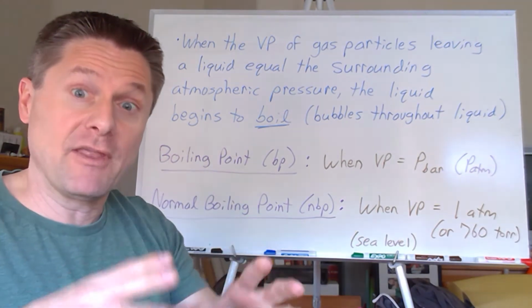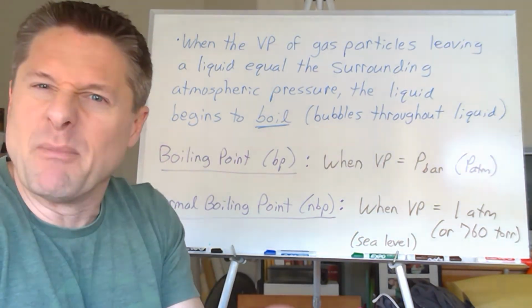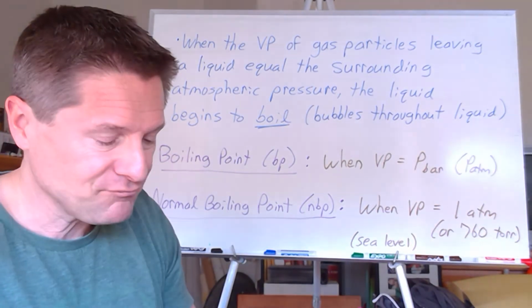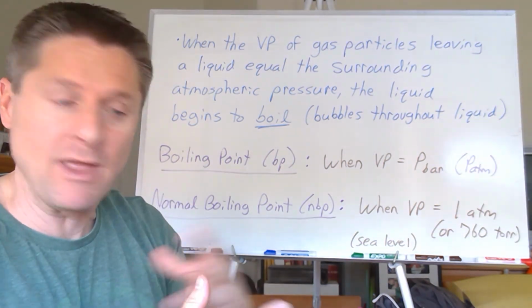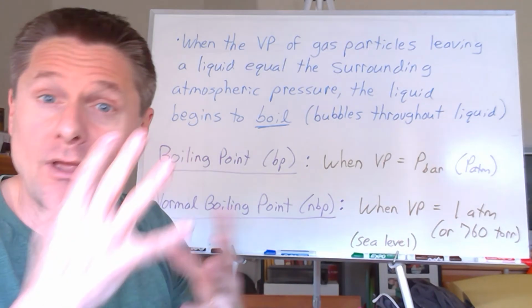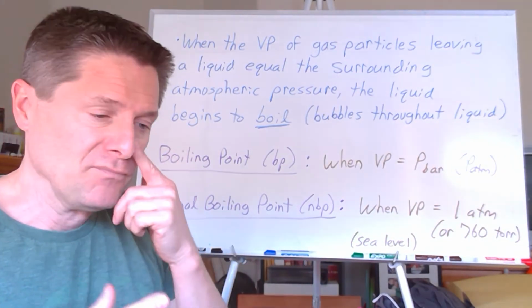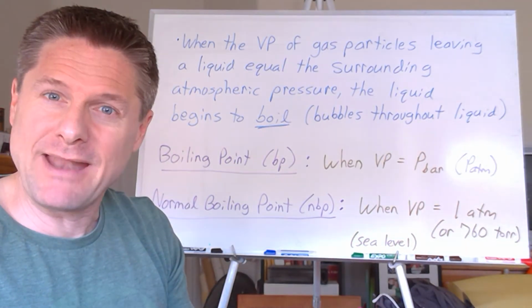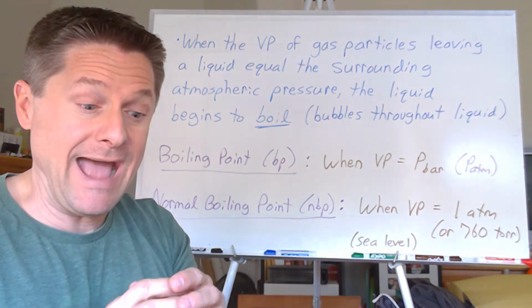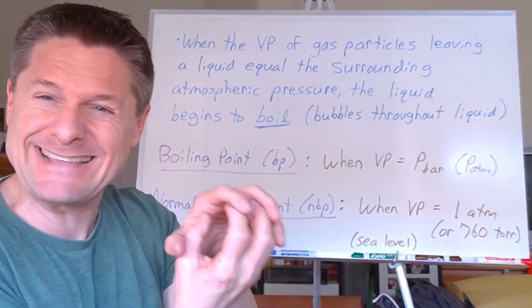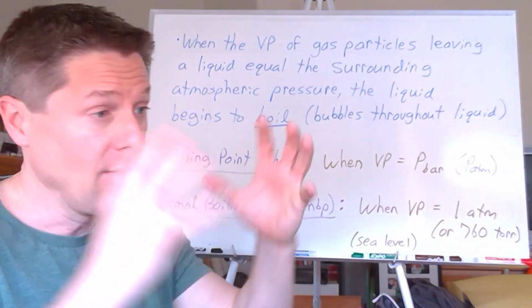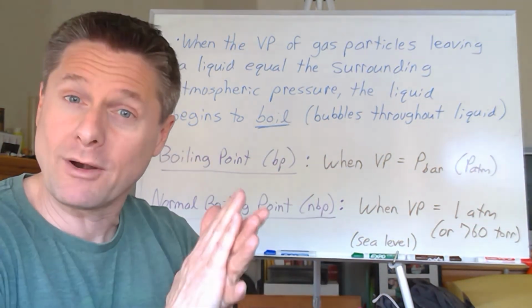But then you see nothing, and then all of a sudden you see these big bubbles starting from the bottom, right? Because it's hotter at the bottom. And what happens is you're starting to get that vaporization throughout the entire bulk of the liquid. And you tend to get more at the bottom because it's hotter down there. And so those gas particles form these little bubbles. And the vapor pressure inside that bubble is high enough that the pressure of the liquid water can't collapse it.